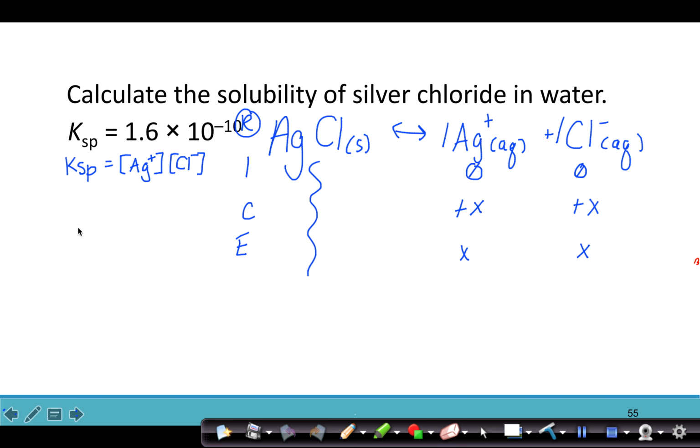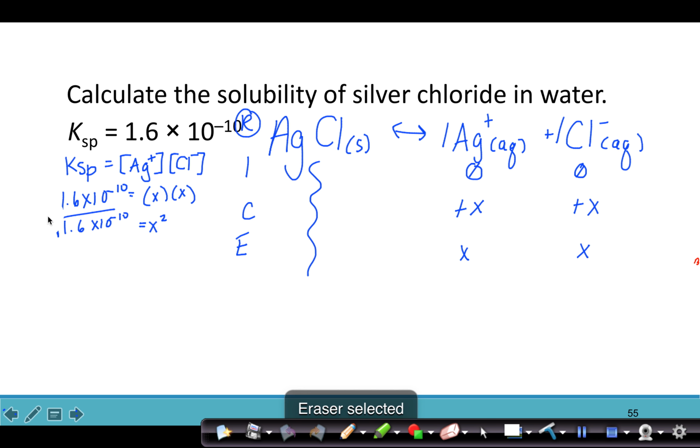And what that means is that for our Ksp, 1.6 times 10 to the minus 10 equals x times x, which means it's equal to x squared, so we are going to just square root each side to get our x.